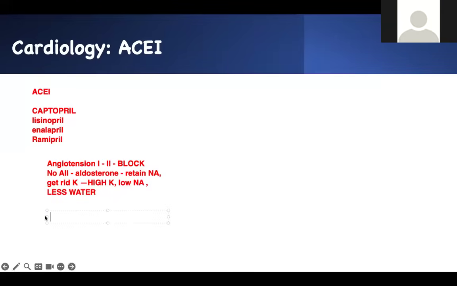Another usage, just since we're here, let me give it to you. The main indications: it is used for hypertension, used for heart failure, and used for patients who have heart problems. Don't forget myocardial infarction, so post MI. If you have a heart attack, the injured vessels and injured muscle of your heart need to remodel, and remodeling is provided by ACE inhibitors.